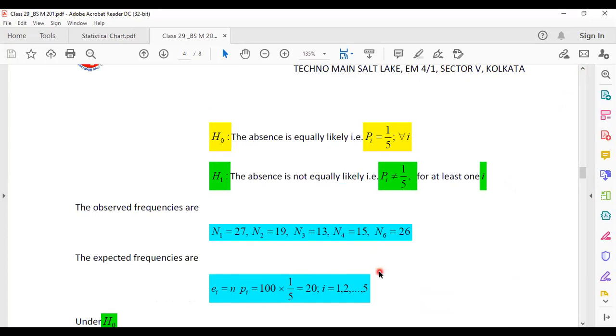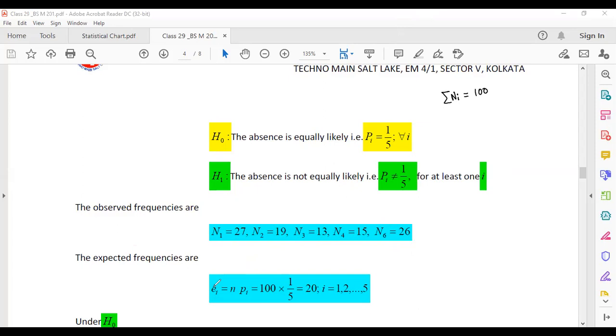One important fact, if you have not noticed it, let me bring this to your notice. If you take the total of these observed frequencies, the total comes out to be 100. So the sum of the observed frequencies Ni is equal to 100.